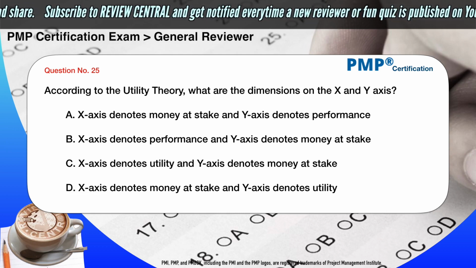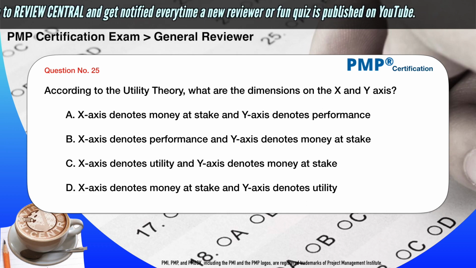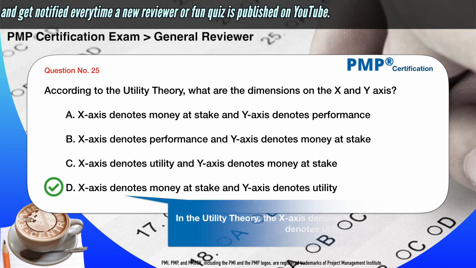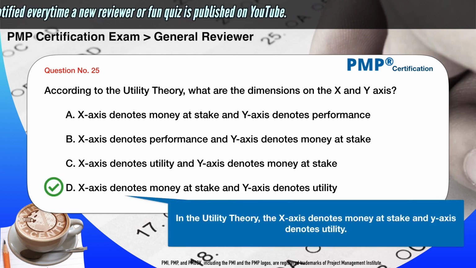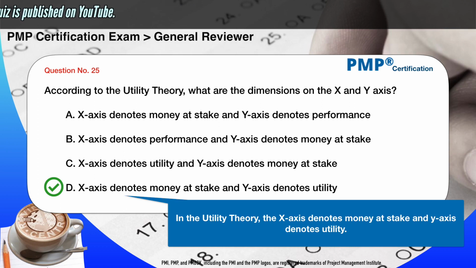D. X-axis denotes money at stake and y-axis denotes utility. The correct answer is D. X-axis denotes money at stake and y-axis denotes utility. In utility theory, the x-axis denotes money at stake and y-axis denotes utility.